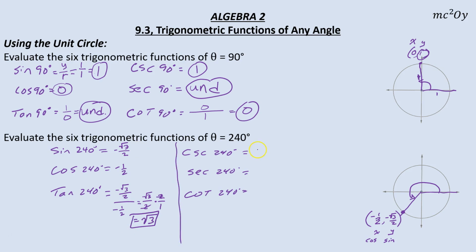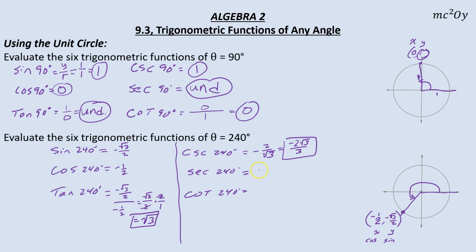Cosecant is the reciprocal, so we get negative 2 over root 3, but you don't leave a root in the denominator. So you rationalize it, so that becomes negative 2 root 3 over 3. If you are struggling with rationalizing, you need to talk to your teacher. If you don't know how to get that root out, that's something you should know by now. So we're kind of done going over that, at least in my class, unless someone comes in and asks for help.